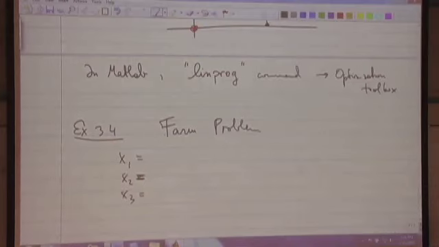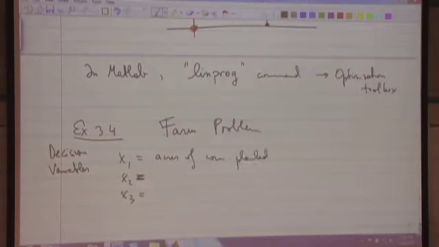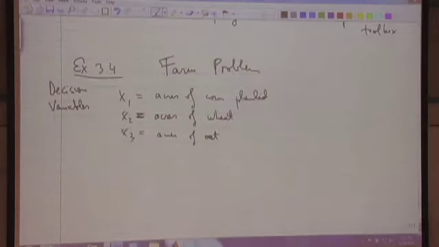So the decision variables, or the state variables, are x1, acres of corn planted or to be planted, x2, acres of wheat, and x3, acres of oats. Okay?